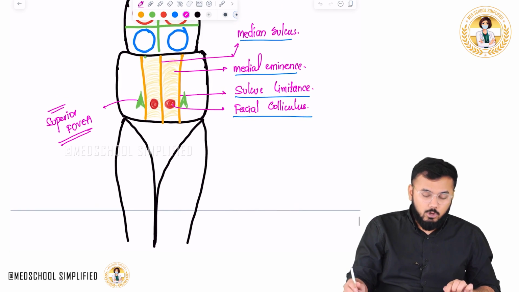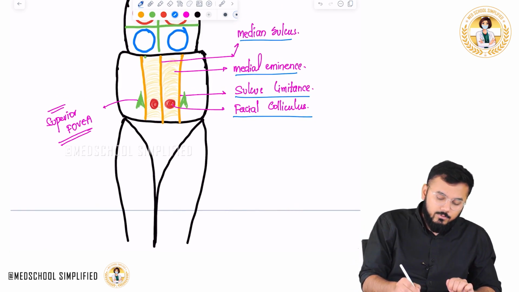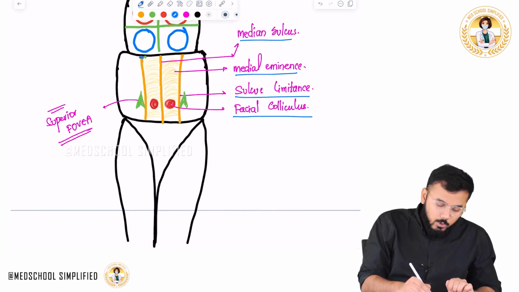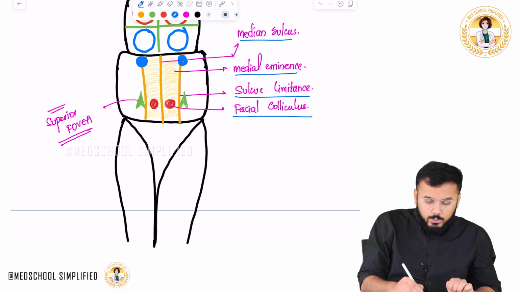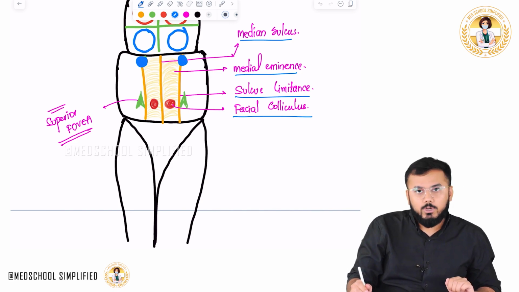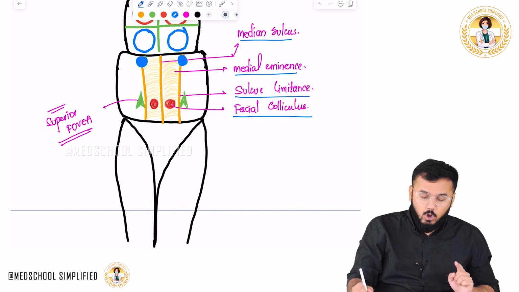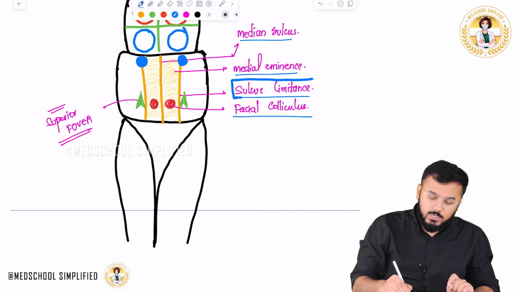Next, when you come to the top, you can find two important structures like this. What are these two important structures that are located on top of the sulcus limitans? So, this is your sulcus limitans.